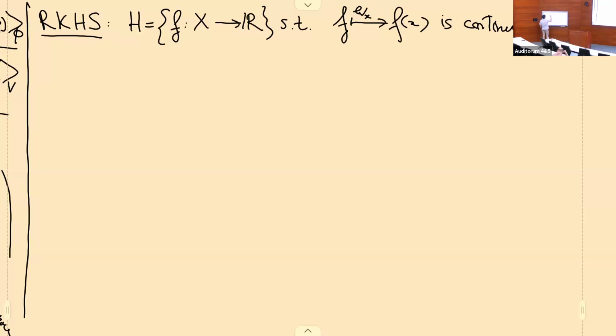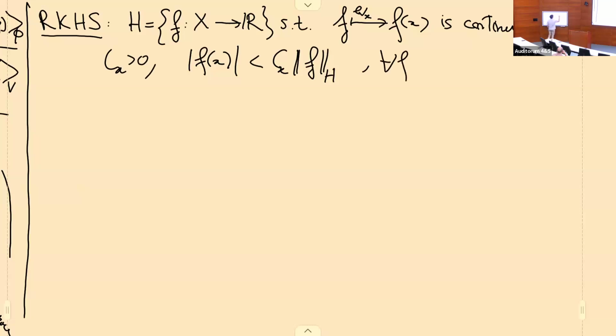That is, there exists a constant C(x) > 0 such that |f(x)| is less than or equal to C(x) times the norm of f, for all f in H and for all x in X.